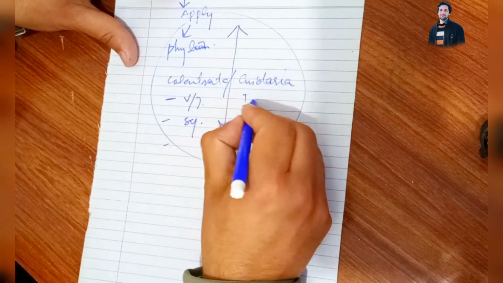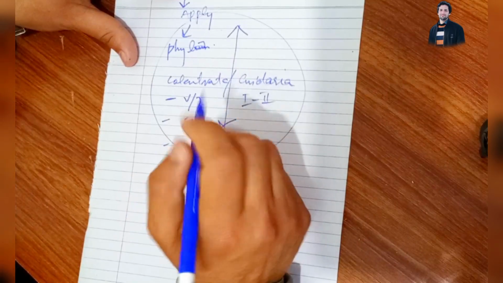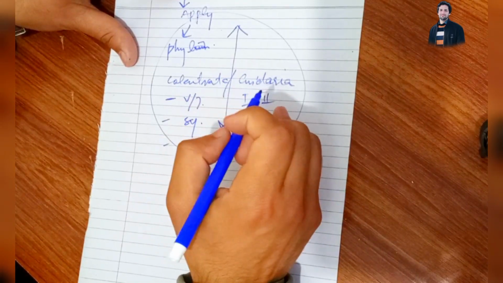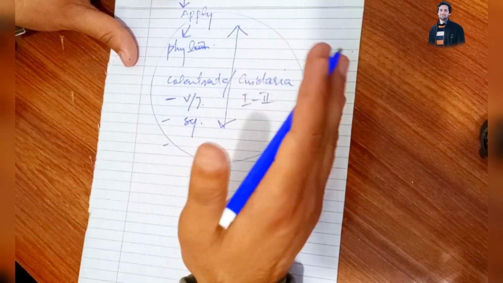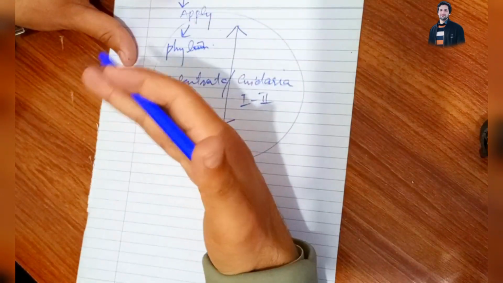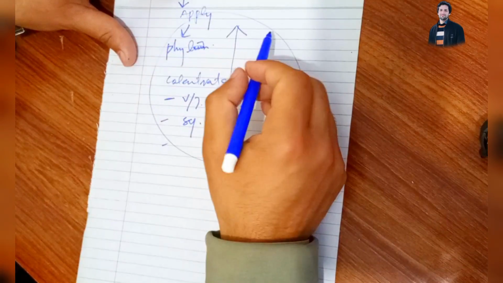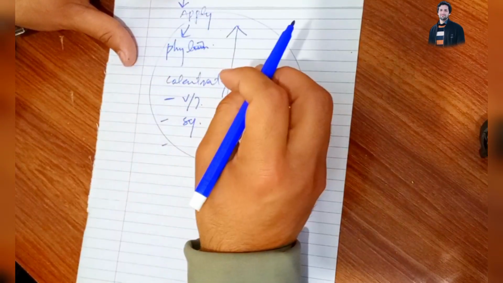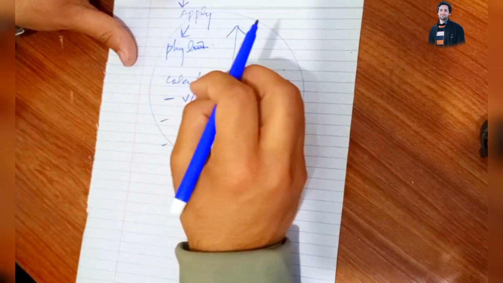diversity 1 and 2. Also study the form and function chapters of Miller and Harley, because I have already told this in my previous video. If you are studying any system, you are studying it comparatively.